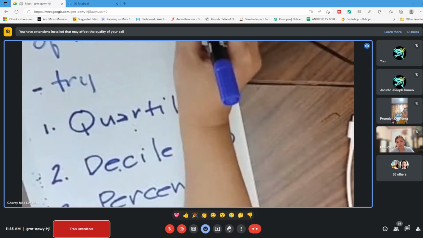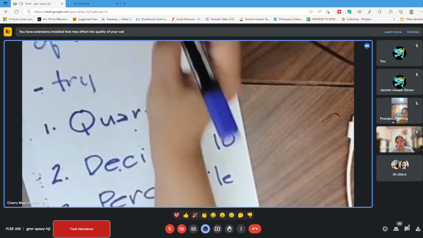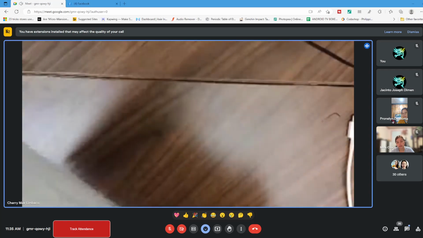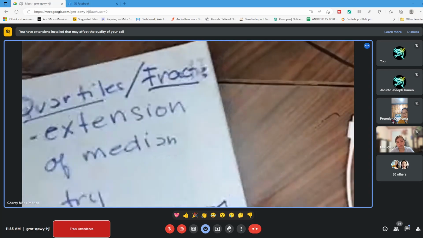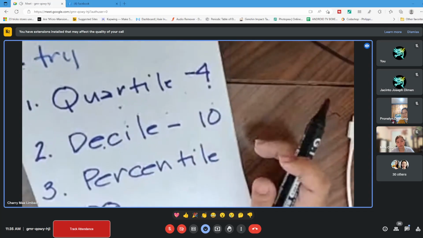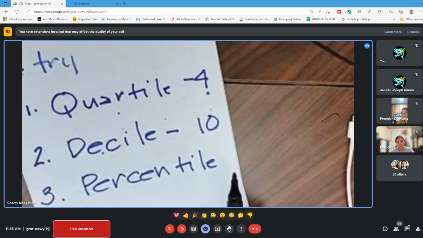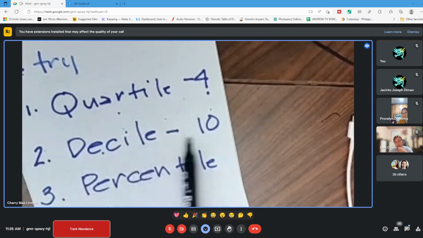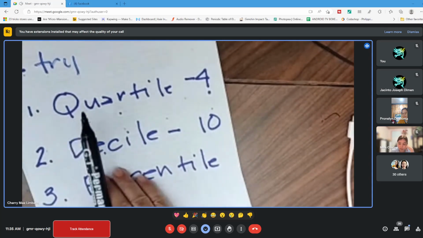Some books call them fractiles or quartiles. You have quartile, decile, and percentile.